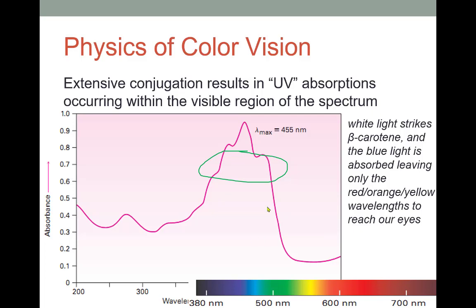And so what's left to reflect back to our eyes is this part of the spectrum over here, the yellows and the reds and the oranges. And so molecules like beta-carotene, like lycopene that I showed you earlier, those extensively conjugated molecules oftentimes look to us like they are reflecting some warm colors to our eyes.